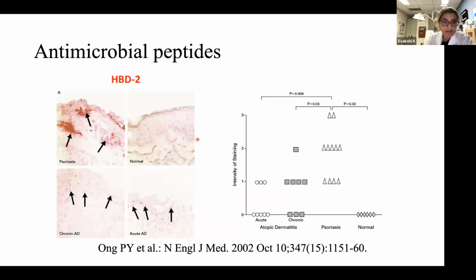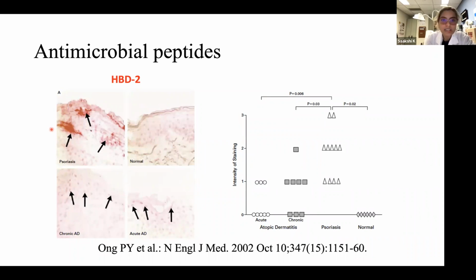To give you a comparison, this is normal skin. You can see a little bit of red or pink, and that's the staining for human beta defensin. The analogy is psoriasis. So this is another common skin condition that we see in the derm space, and certainly you will see as well. Psoriasis tends to have high antimicrobial peptides, which means they don't have skin infections.